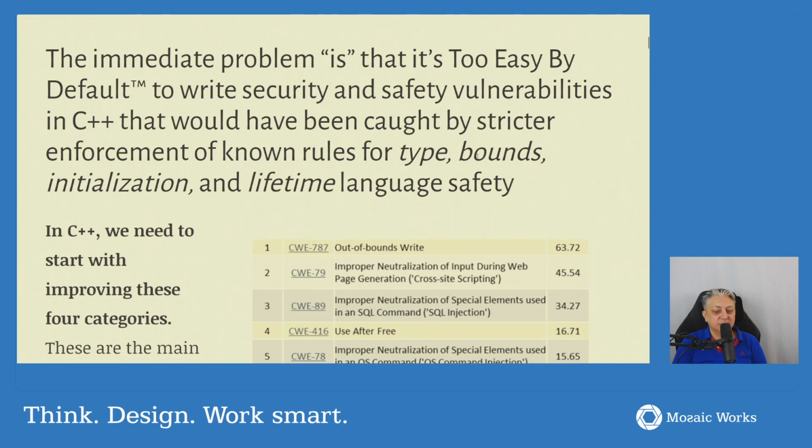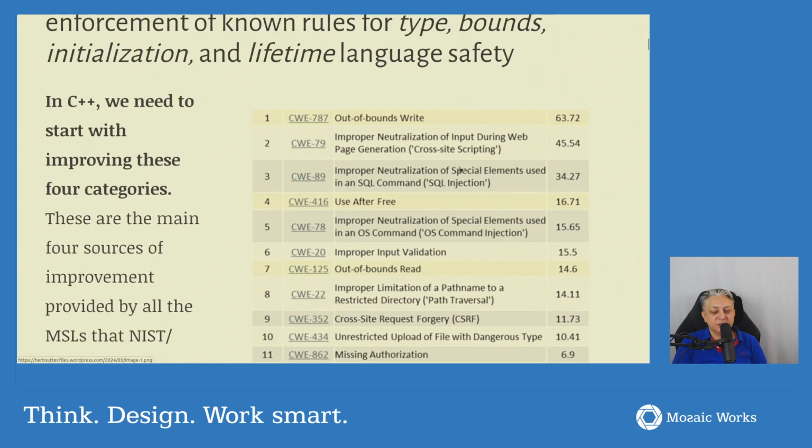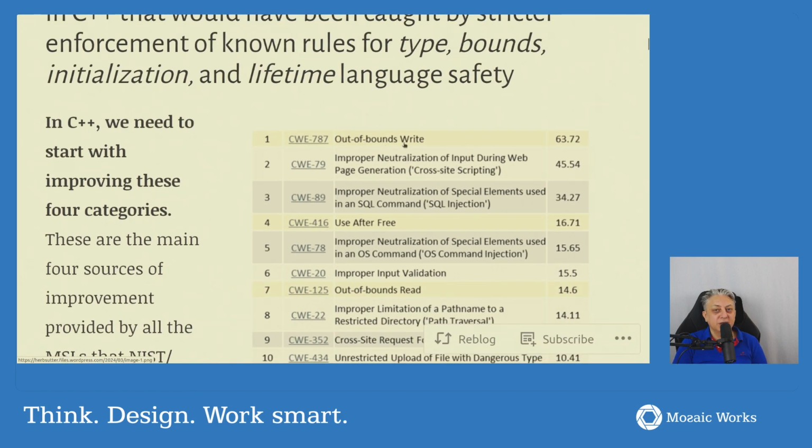So we know that there are some issues: types, bounds, going out of bounds. And you have here some examples. So out of bounds write is when you allocate memory, but then you can write outside the allocated memory. Out of bounds read is when you can read memory outside the allocated one. Use after free, you have allocated memory, freed it, but then you still use the same memory.